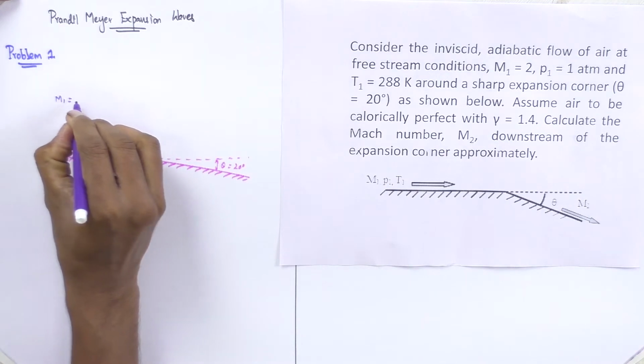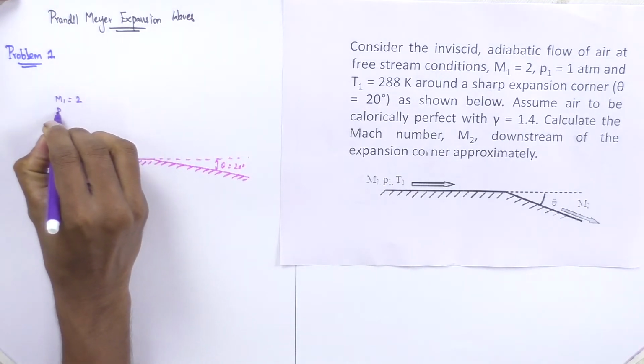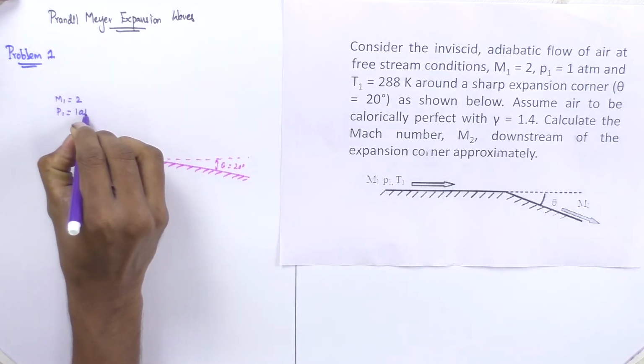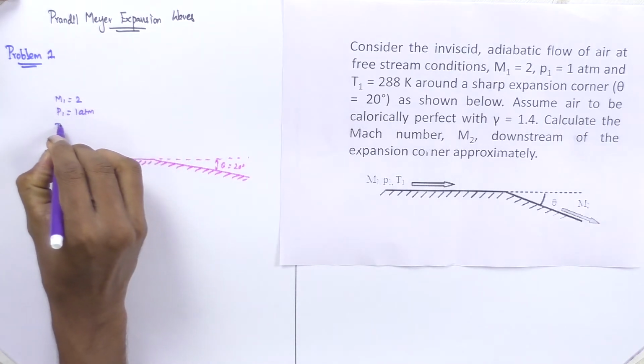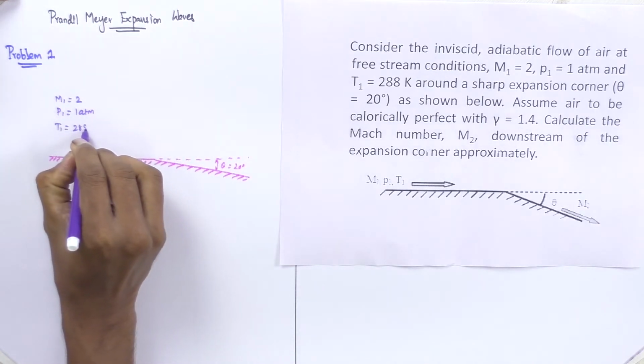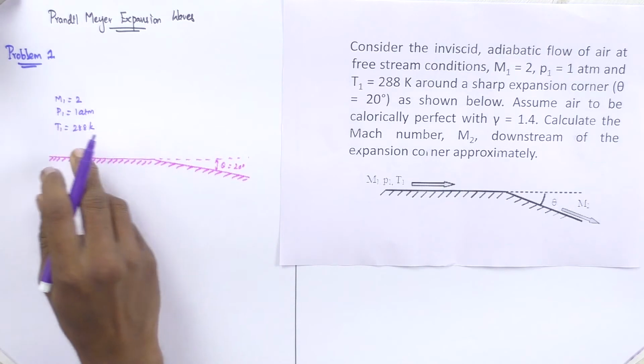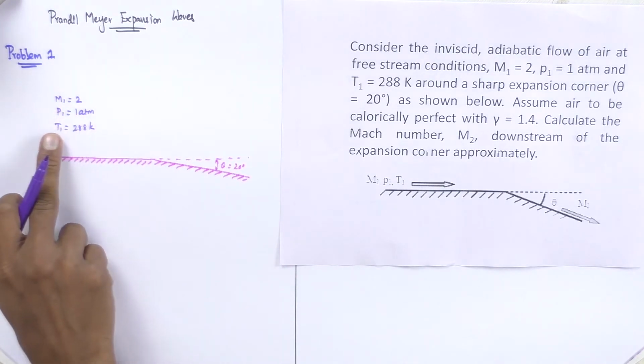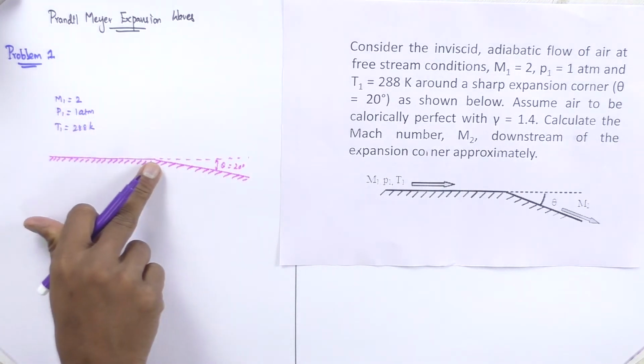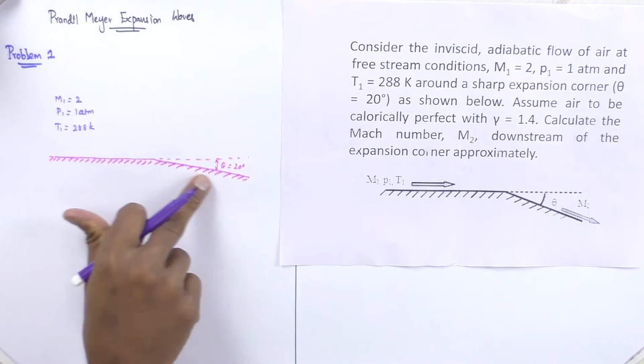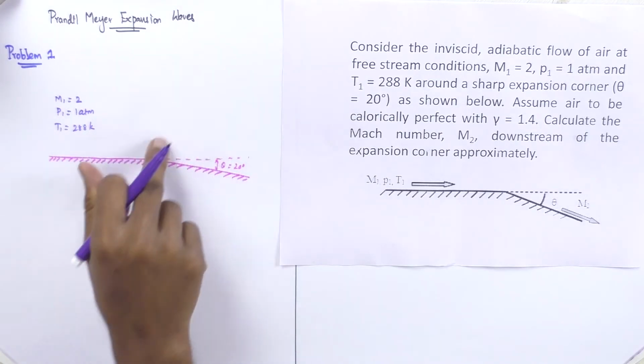M1 is equal to 2, P1 is equal to 1 atmospheric pressure and T1 is equal to 288 Kelvin. So here the flow is a supersonic flow. In a supersonic flow, if we have a sharp expansion corner, there we will have expansion waves.